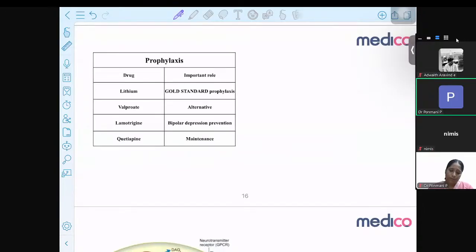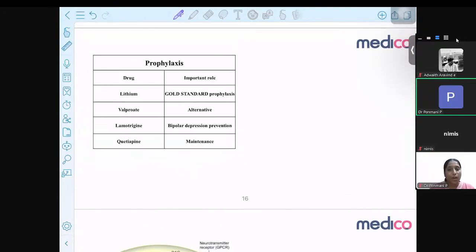Now, for prophylaxis, what drug can be used? Lithium forms the gold standard prophylaxis. If the patient is not tolerant to lithium, then he can go for valproate, which forms the second choice of prophylaxis. If not, we can go for lamotrigine or quetiapine. So this is the list of prophylactic drugs given for mania.